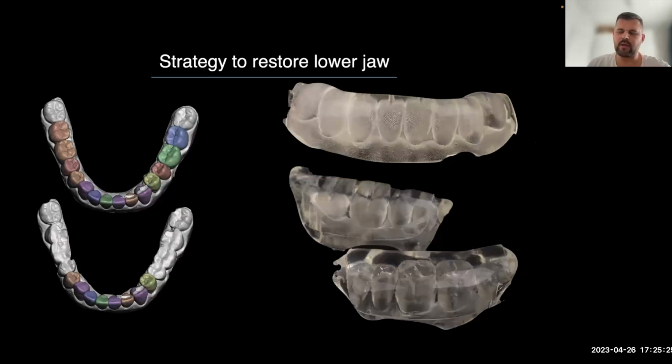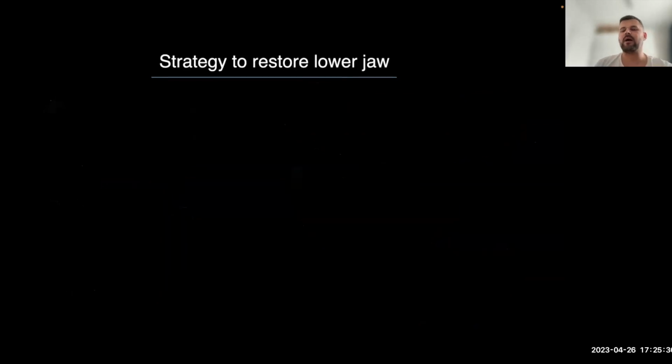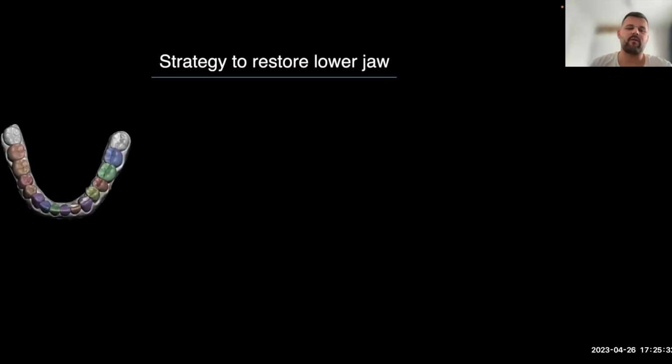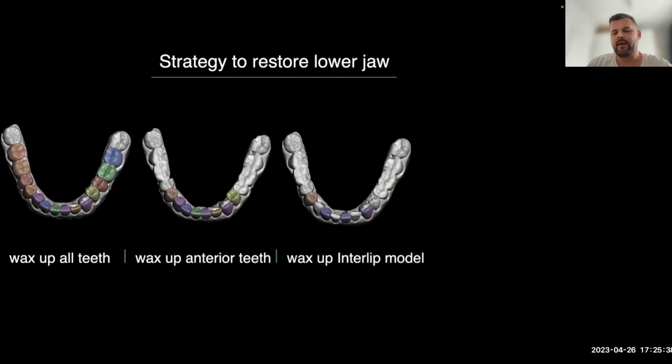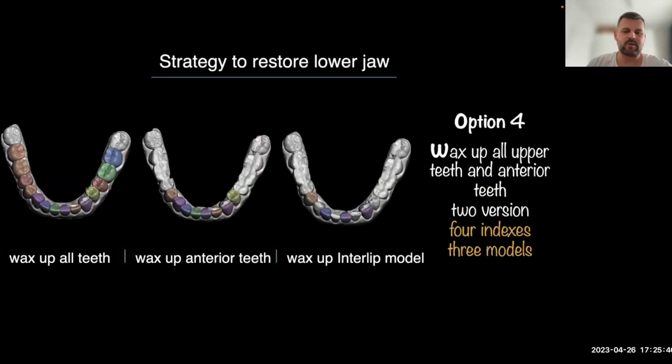And I will explain later how to prepare this. Of course, you have one more option. If you're doing this yourself in your dental practice, in the digital way you can also prepare the wax up of all teeth, the wax up of anterior teeth, and the wax up interlip model for the anterior part.